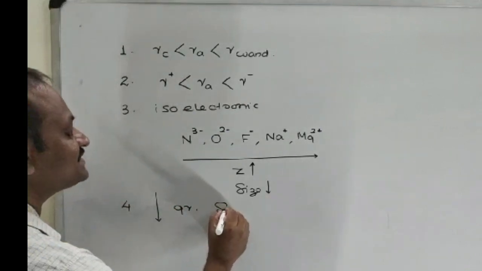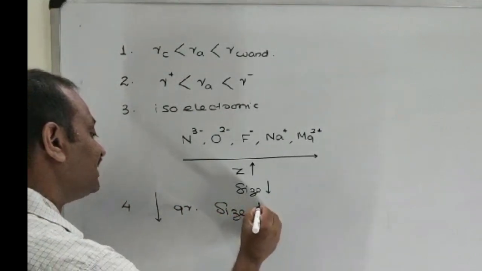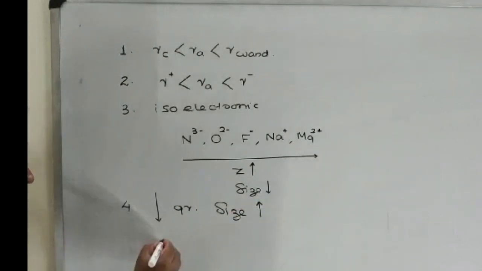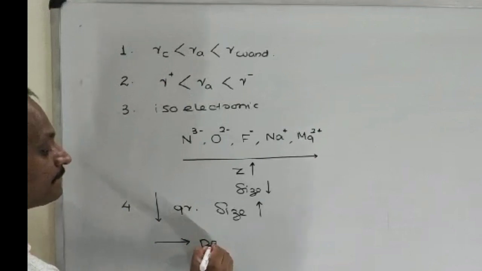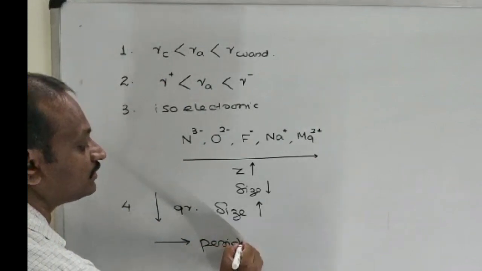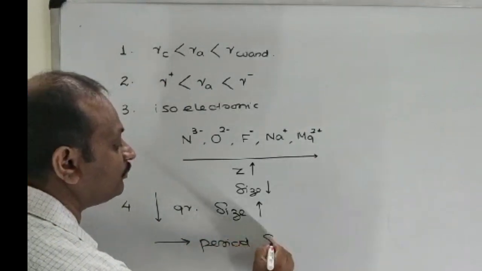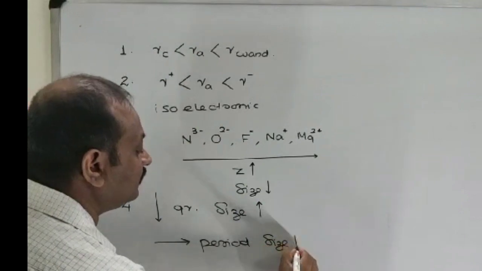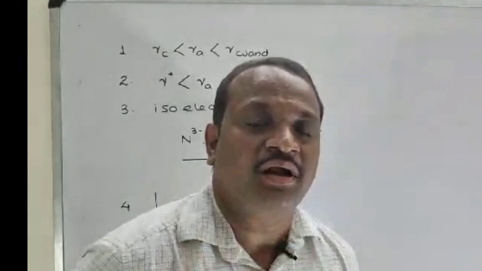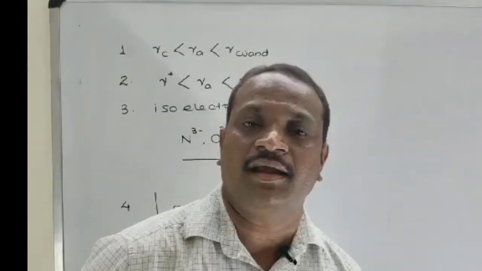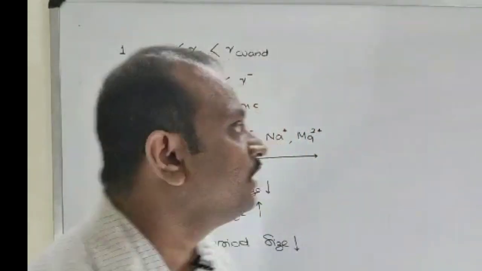Down the group, size of the atom increases. And along the period, size decreases. These are the points you need to remember regarding the atomic size and its periodic properties.